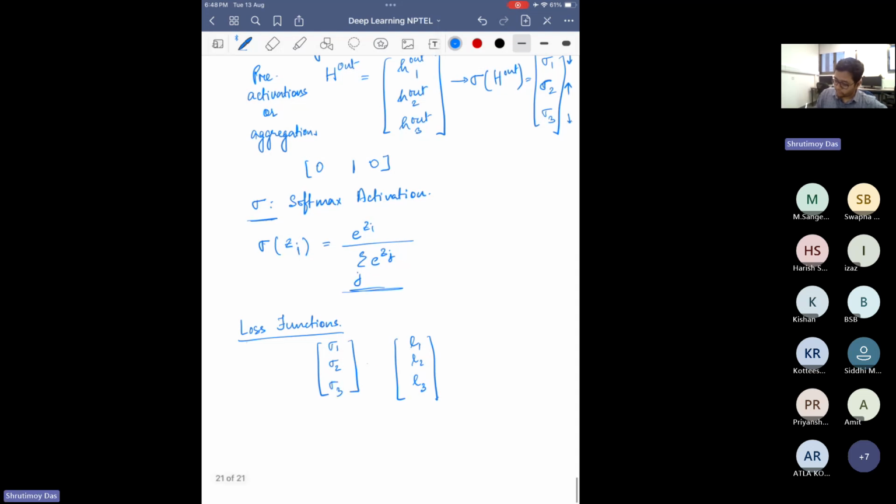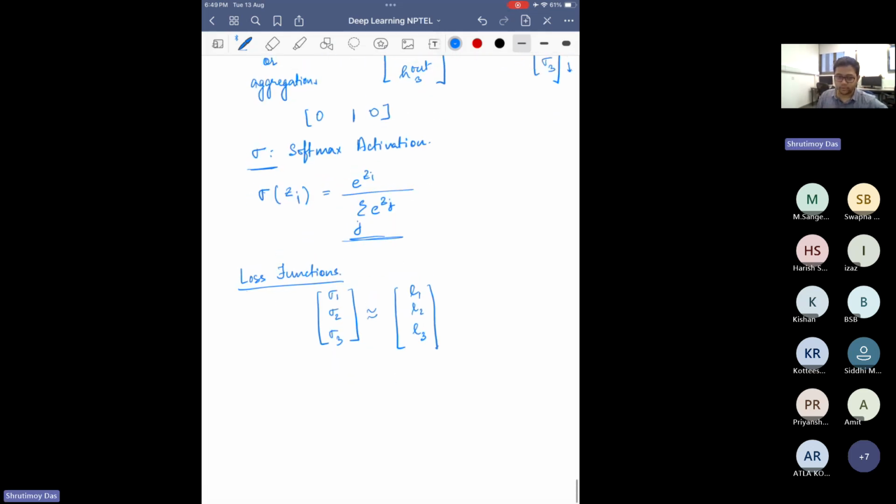And we want these two to be very close to each other, right? So a simple loss function, if you don't want to get too much into details, is this. Let us say that this is our loss function.